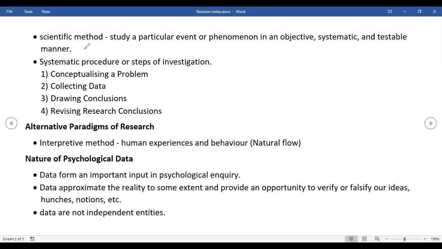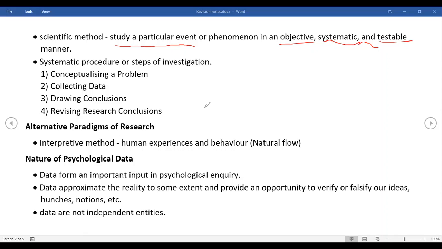Most of Indian psychology still has to be proved, but Western psychology is based on scientific methods only. What is a scientific method? Study of a particular event or phenomenon in an objective, systematic, and testable manner.